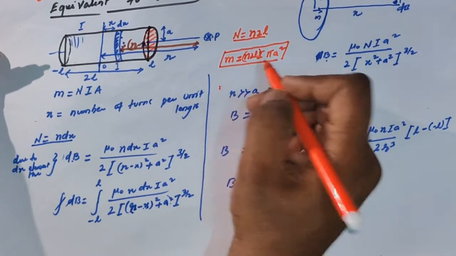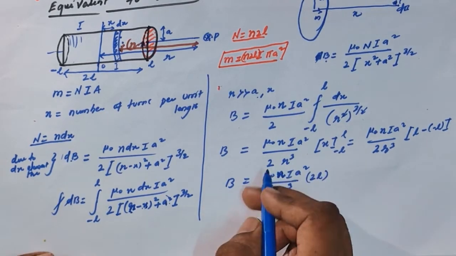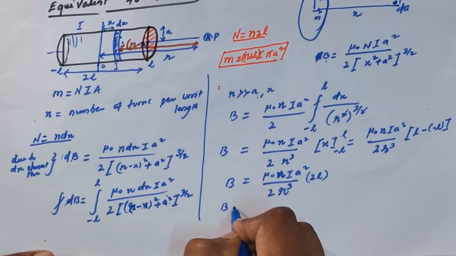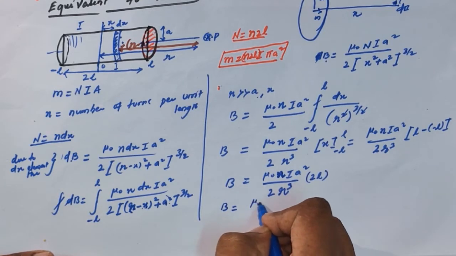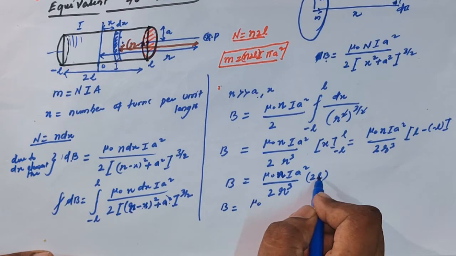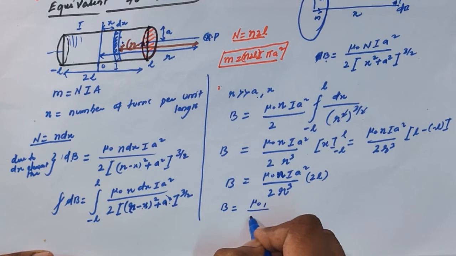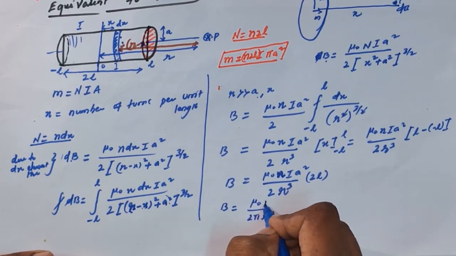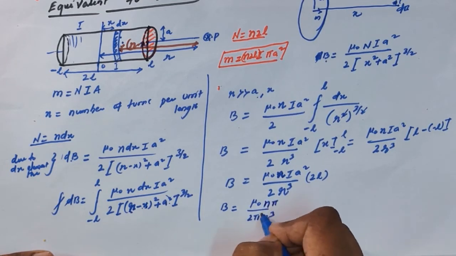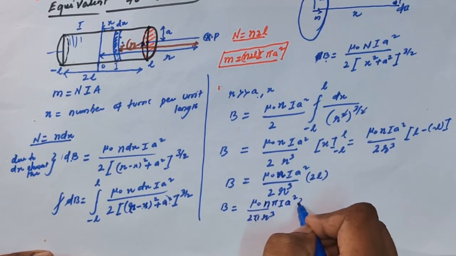Now we are going to substitute this value into the magnetic field expression. So here you simply rearrange that expression. You can take the μ₀ outside. Here n I a² 2L. Now I am going to multiply the numerator as well as the denominator by π, so the denominator is 2πr³. In the numerator, I have n I πa² times 2L.